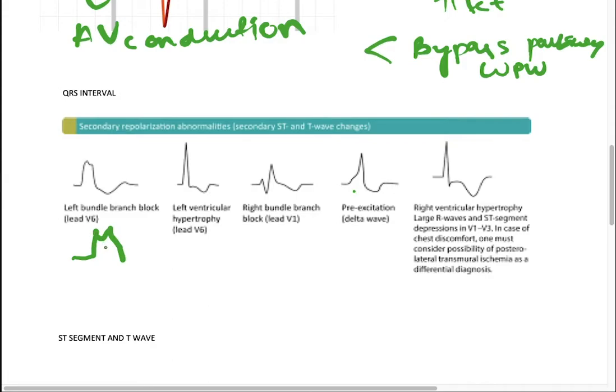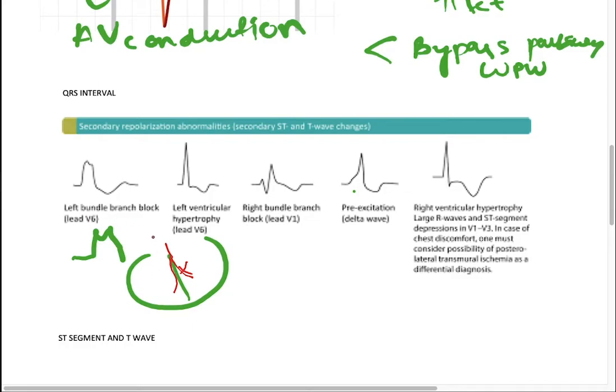If we take a ventricle, let me draw a rough ventricle. So we have the bundle of His dividing into two, right? There is a left bundle and a right bundle. So if there is a block on the left bundle branch, then the right bundle branch is the one which supplies the septum as well as the ventricles, right?